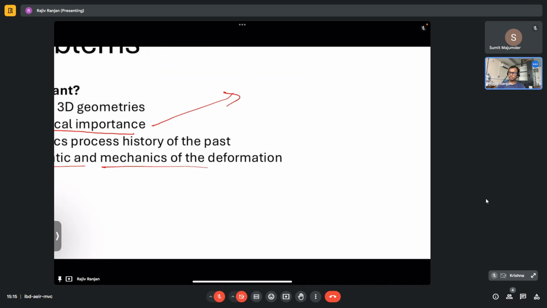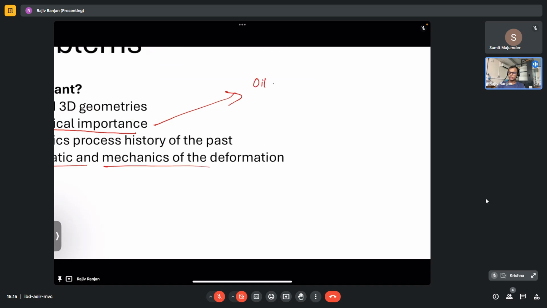If you talk about an anticline fold, how does it help? Sumit, you're saying something? So, suppose this is a fold.